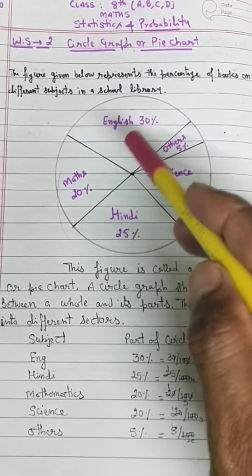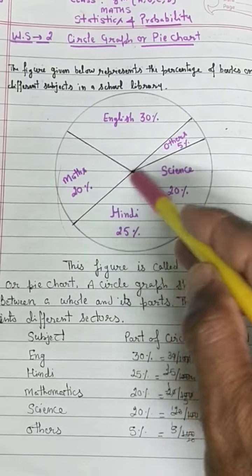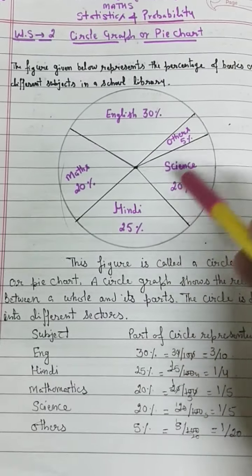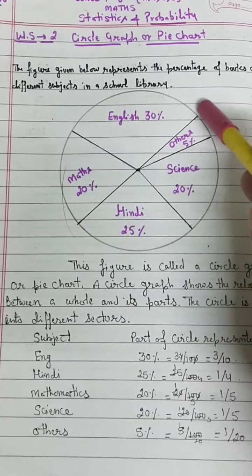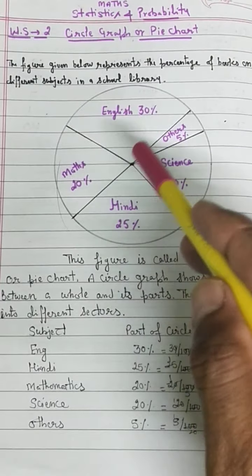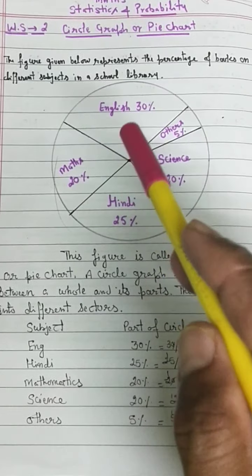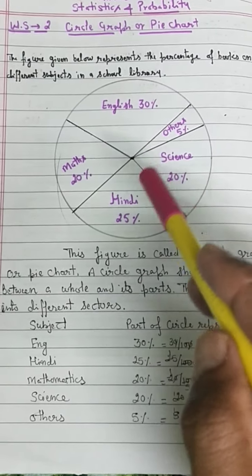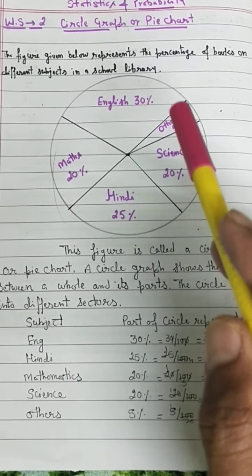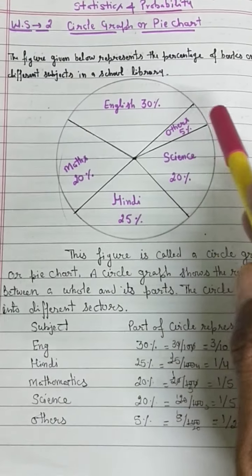These are different sectors. This is the sector for English, sector for Maths, sector for Hindi, sector for Science, and sector for others. So first find the fraction for each sector, and then the angle represented by each sector. To convert into angle of a sector, we multiply each fraction by 360.